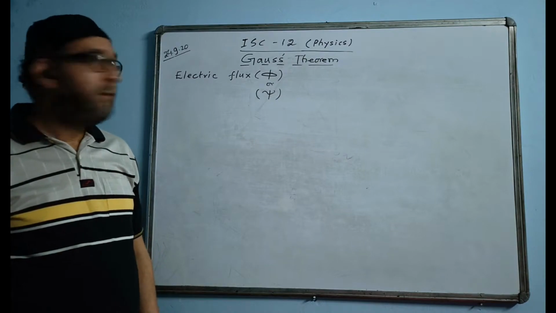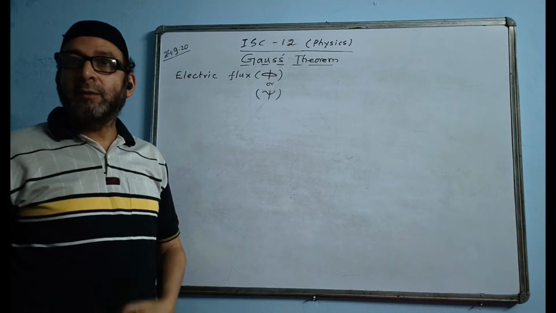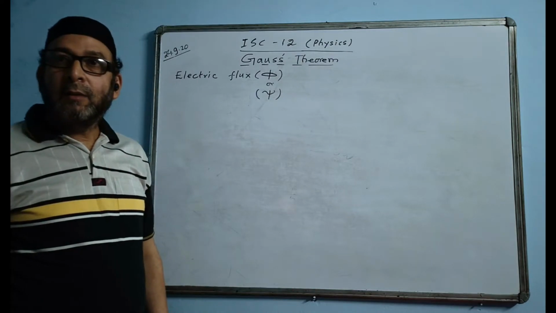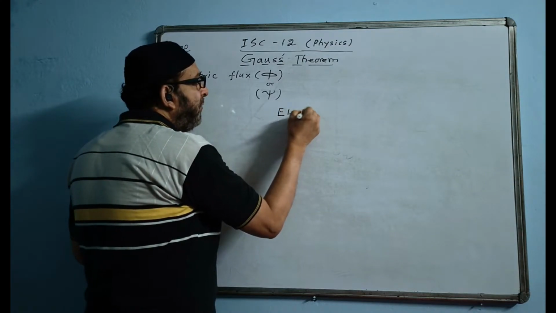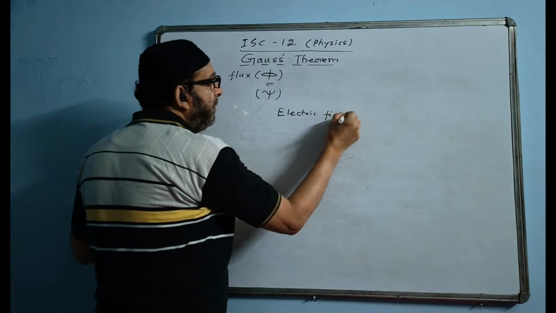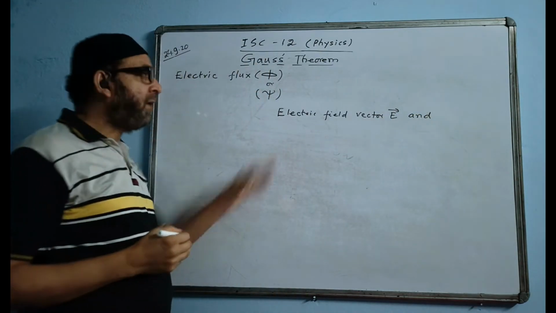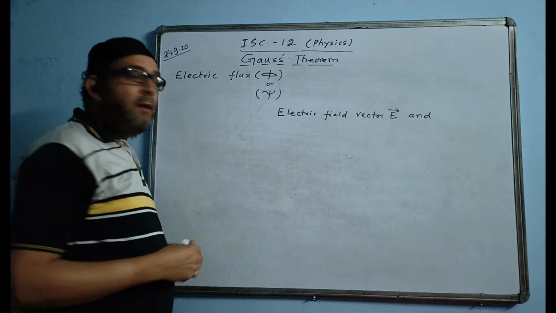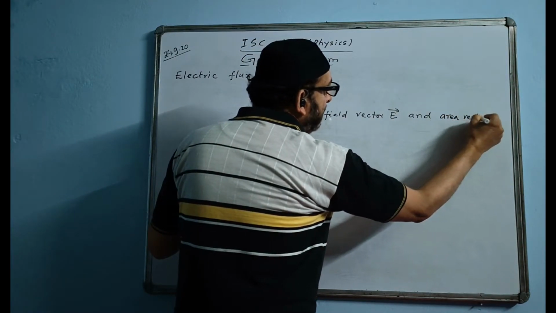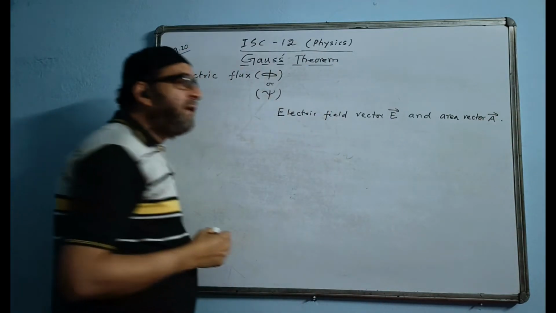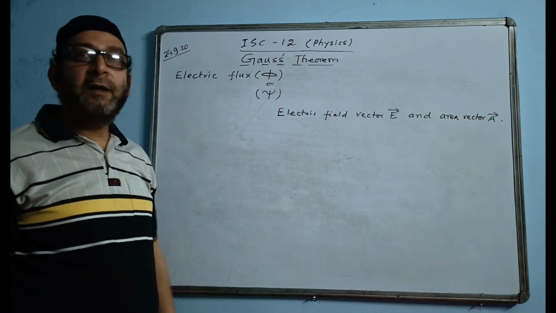It is measured by the dot or scalar product between the electric field vector E and the area vector A. Area vector we can denote either by capital A or by S. S means surface area, or simply if you write A, that A means area.